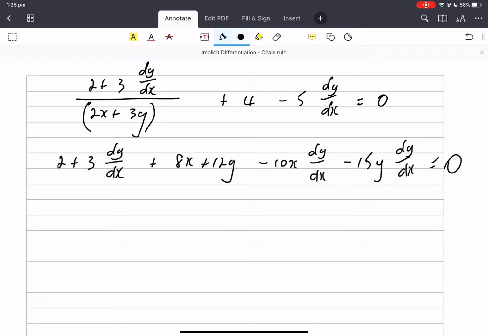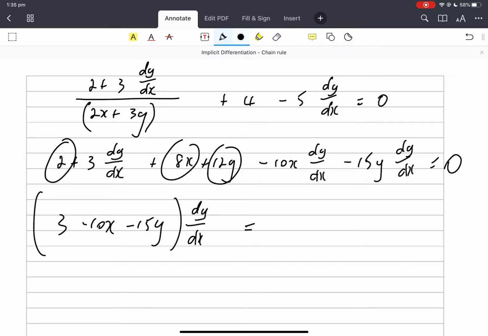So let's just factorise our dy/dx. There's a 3. There's a minus 10x and a minus 15y. Then we're going to get all these other ones that don't have dy/dx connected and flip them to the other side.